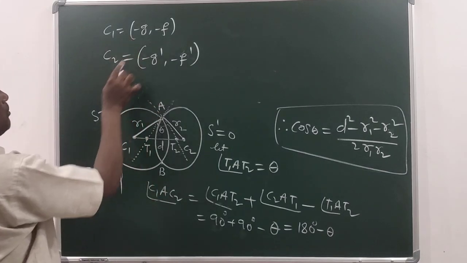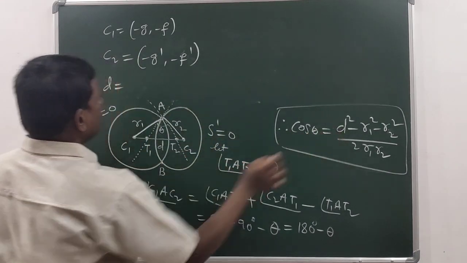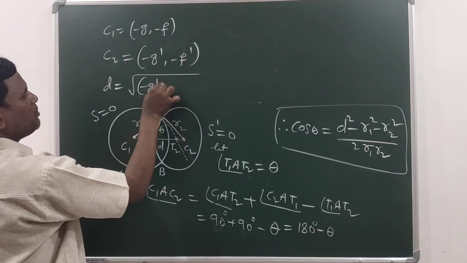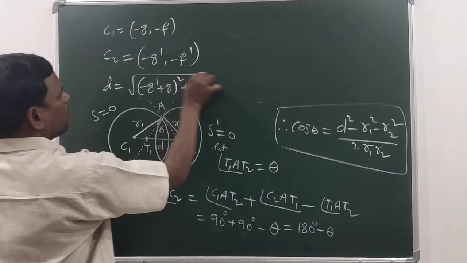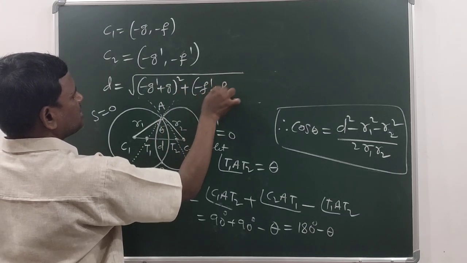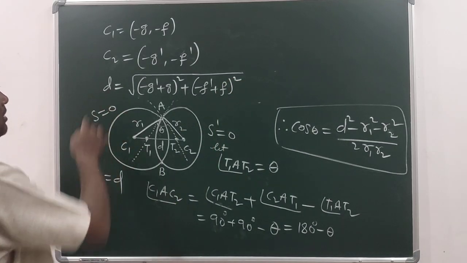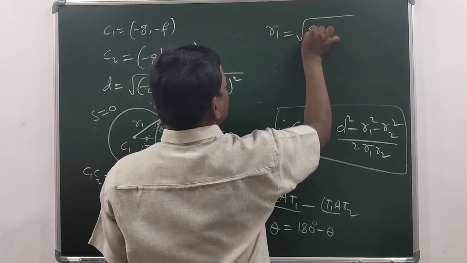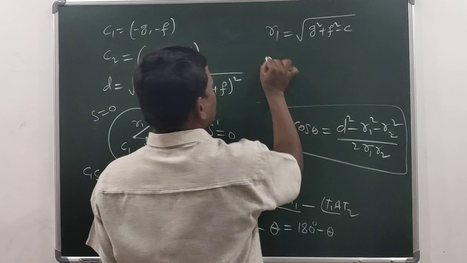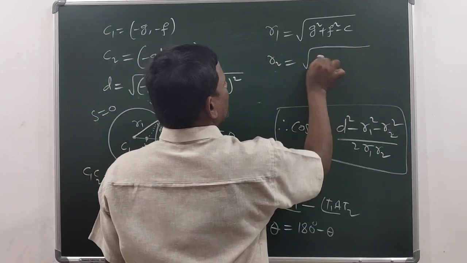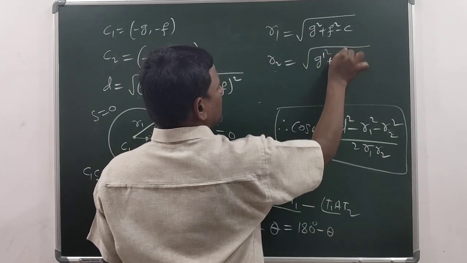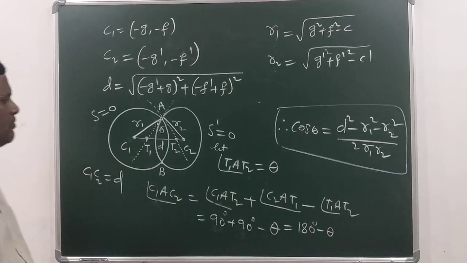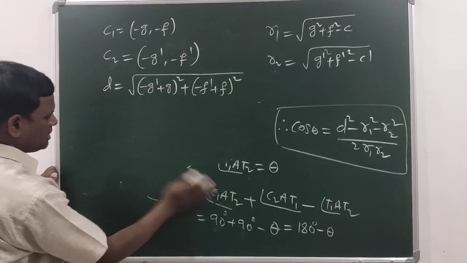Now find the distance between both, so that you will get d, square root of the difference of x coordinates, minus g dash plus g whole square, plus minus f dash plus f whole square. You got d. In the same manner prepare r1. So r1 is equal to, you know that, square root of g square plus f square minus c, and r2 is square root of g dash square plus f dash square minus c dash. Now substitute all of them in this formula and go for simplification.